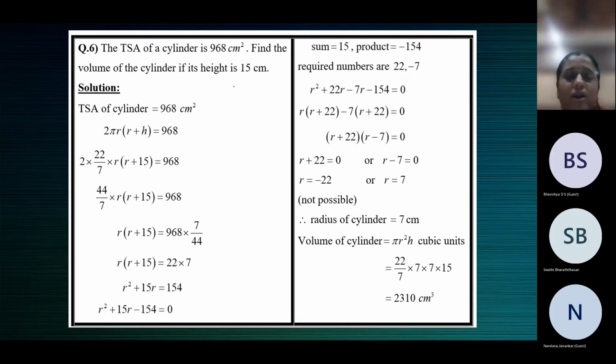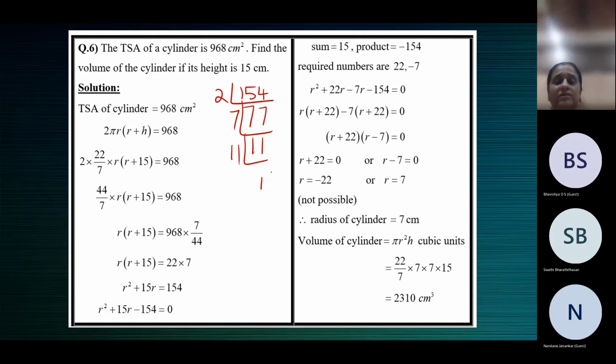Now take up that product 154. Leave the minus sign, you don't have to take the minus sign now. Just take the number 154 and find its prime factors. 2 7s are 14, 1 is a remainder, 7s are 77, then 7 11s are 77, 11 1s are 11. I hope I'm right. Please check. Correct, children?